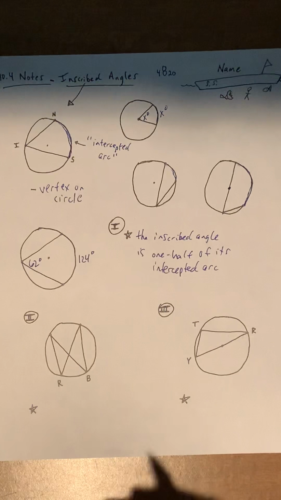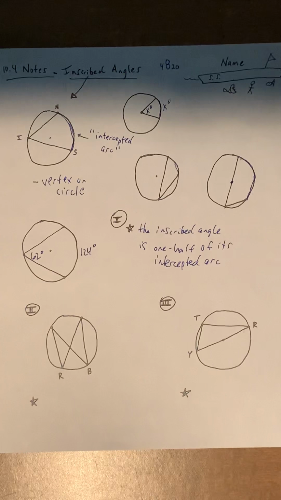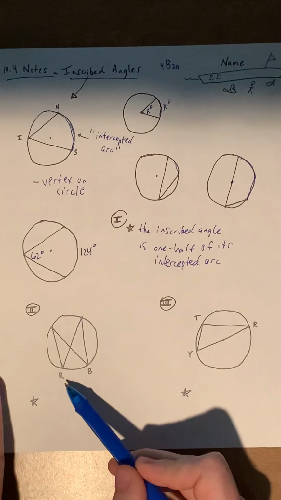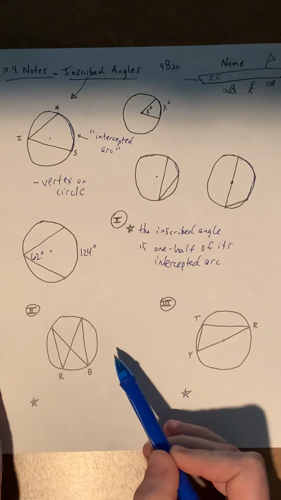A lot of these properties are pretty straightforward, but we'll go through all of them. And we'll use them to solve some problems on side 2 of the notes, rather. All right, let's look at the illustration or diagram for number 2. Here we have an angle R inscribed and an angle B inscribed.